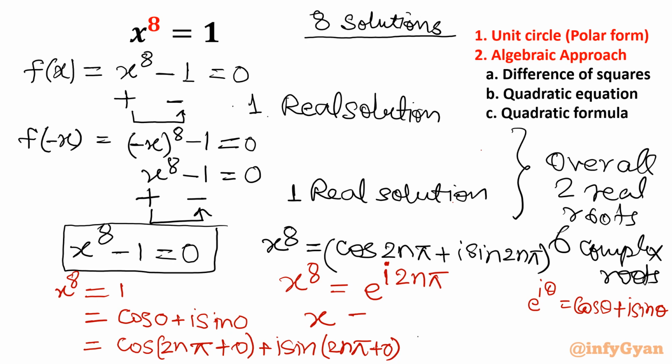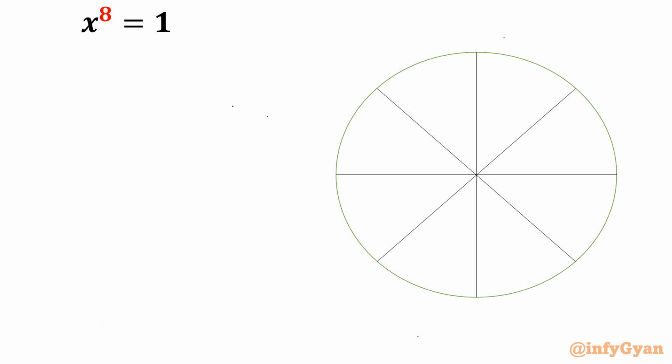So the left hand side would be x and the right hand side would be e raised to the power i 2n pi over 8. 2 and 8 will get cancelled out, so it will be left with i n pi over 4. And this is something very important: e raised to the power i n pi over 4, where n is 0 to 7. Because there are 8 roots, I will put in the values one by one, so I can collect all the answers.